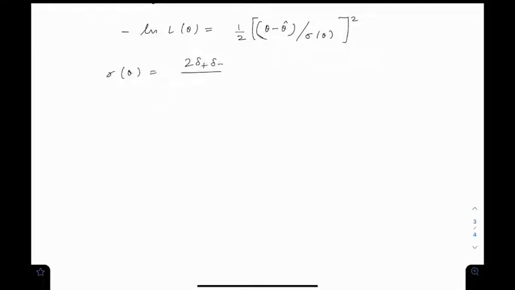So we set minus the log likelihood, where sigma theta is given as twice delta plus times delta minus divided by delta plus plus delta minus, plus delta plus minus delta minus divided by delta plus plus delta minus multiplied by theta minus theta hat.